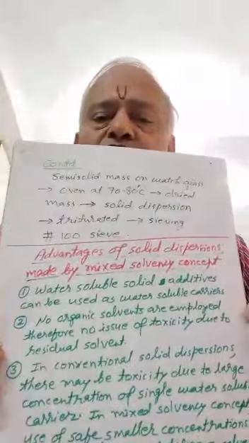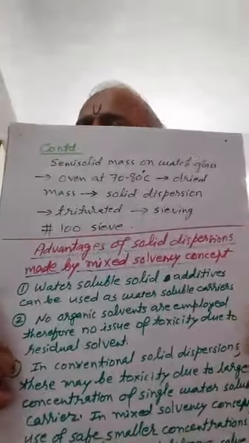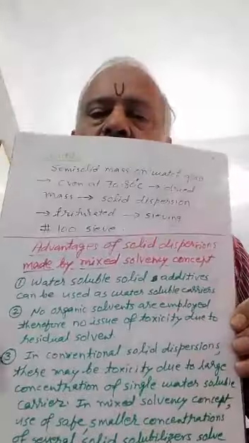Now this semi-solid mass will be kept on watch glasses, and those watch glasses will be exposed to high temperature in an oven at about 70 to 80 degrees centigrade for complete removal of water.